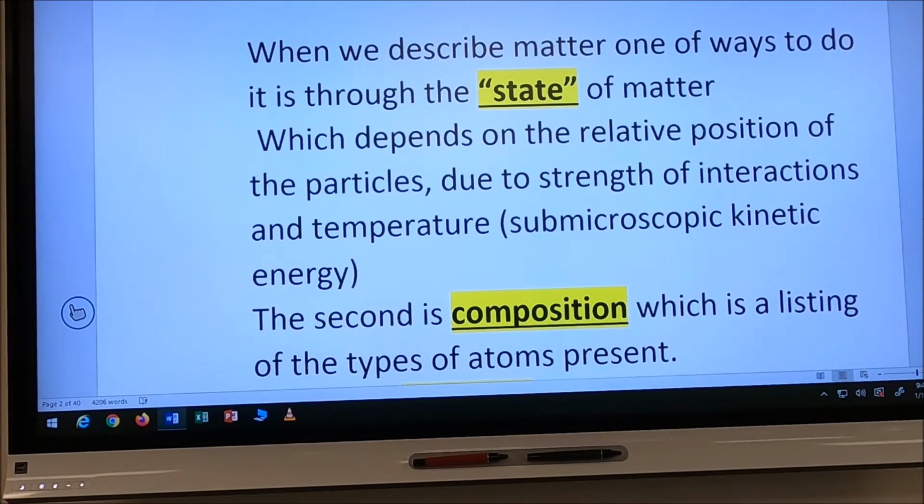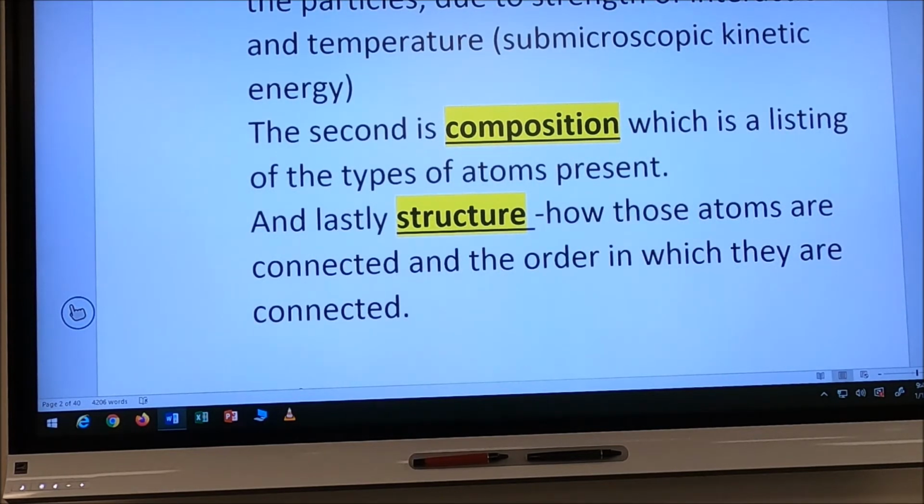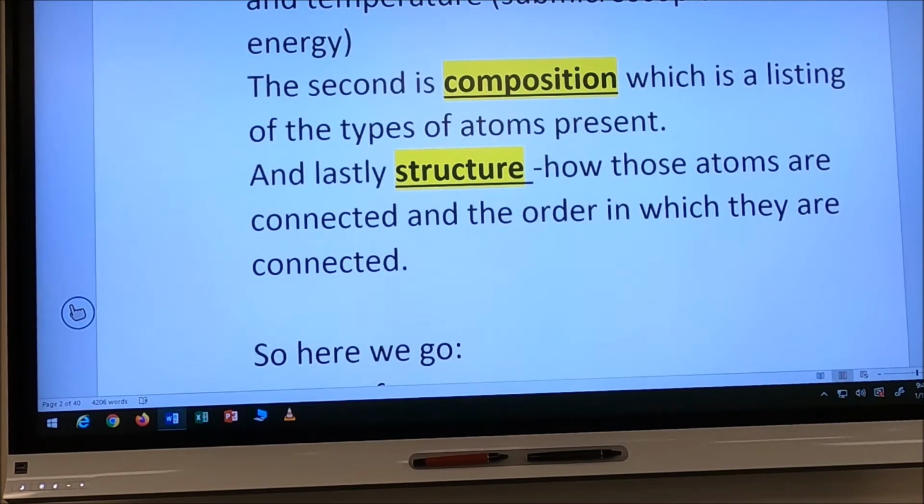States of matter can change as we change temperature, which is submicroscopic kinetic energy, previews of coming attractions. And then we're going to talk about composition, which is a listing of the types of atoms present. Structure tells us how these atoms are connected, what order they're connected, and how they're connected.